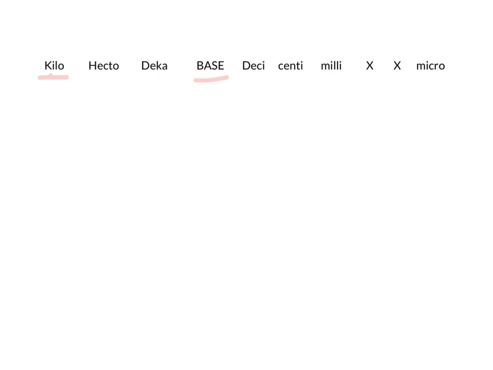Base is used a lot, and especially in healthcare, kilo is used a lot when we're dealing with patient body weights. We're going to use kilograms. Grams are used a lot in medications, along with milligrams and micrograms. So milli and micro are also 2 of our common units.